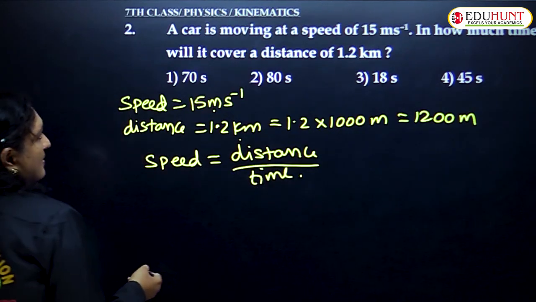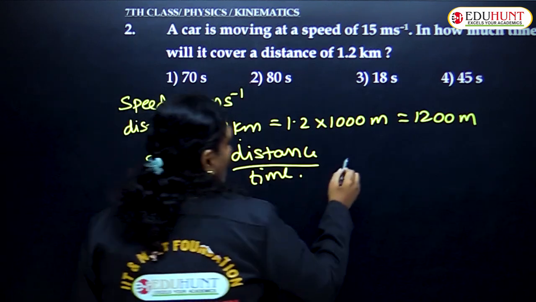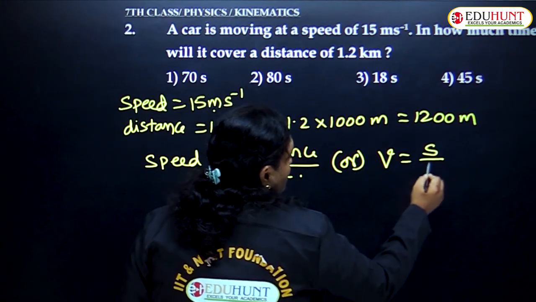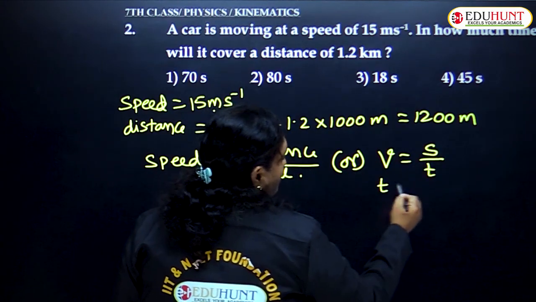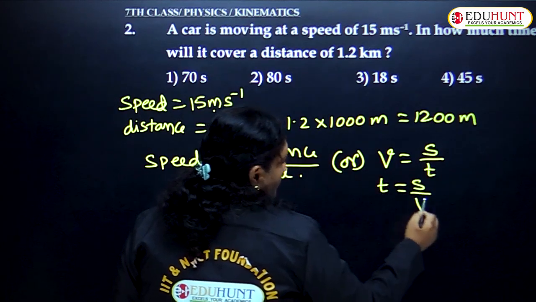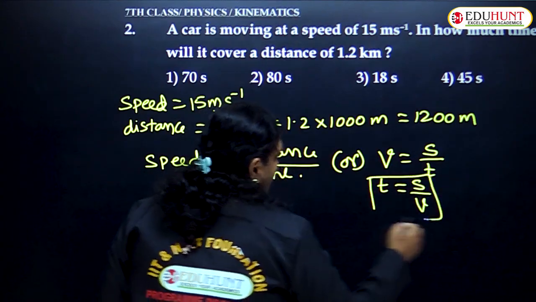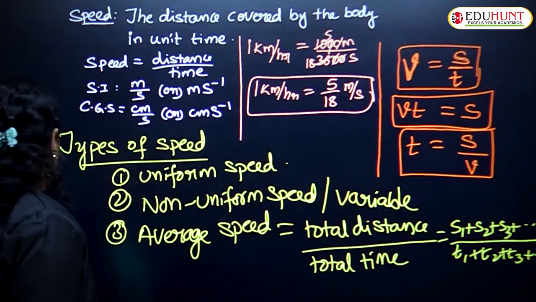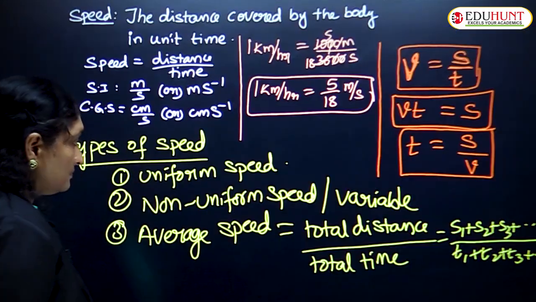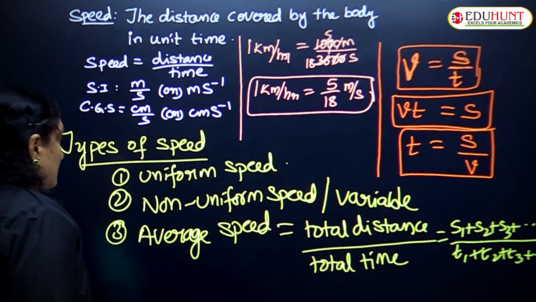As we would like to find the time, we can bring time to the other side, or write it in this format: time is equal to distance by speed, as discussed in the earlier formula. So what is the value, children? T is equal to S by V.